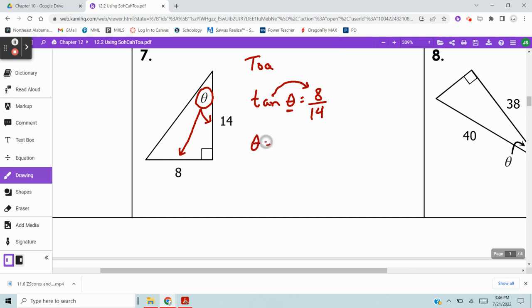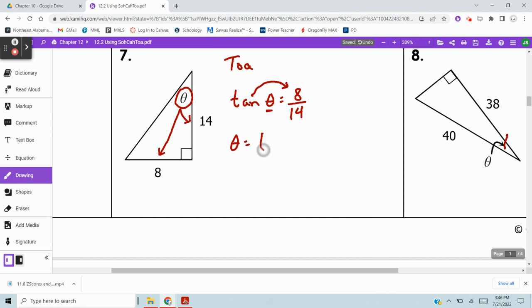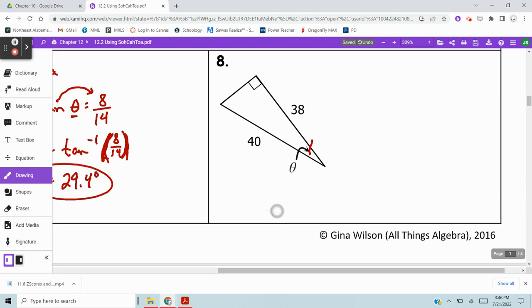So all I've got to do is say that theta is going to equal the inverse tangent of 8 over 14. And you do have to type that in. Make sure you put these in parentheses in order to get the right answer, but your angle is going to be 29.4 degrees.